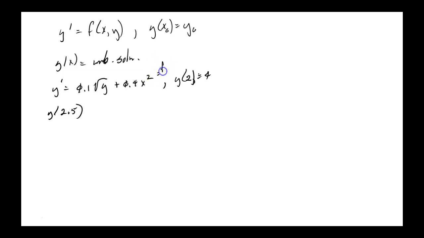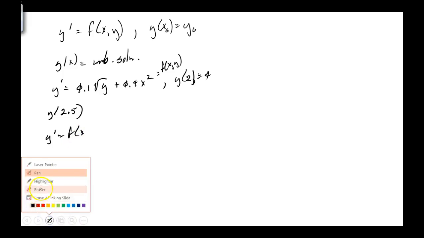This is what they're calling f of x, y, and that's also your first derivative of the function that we're looking for. So let's figure out what happens at 2, 4, where we're heading. Your y prime, which is equal to f of x, y, I'm going to write down.